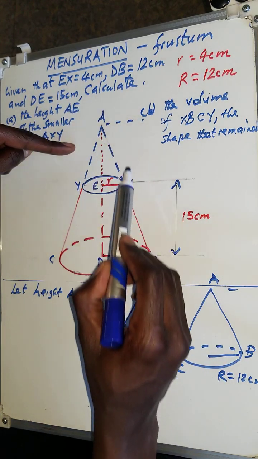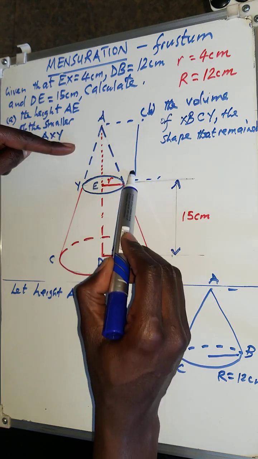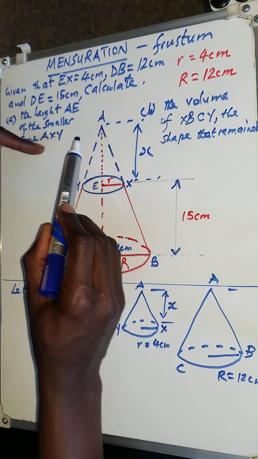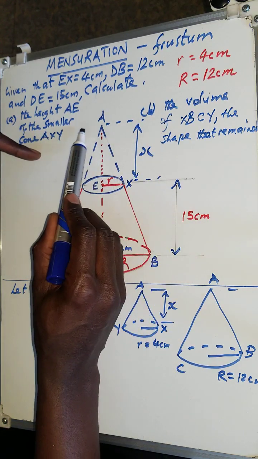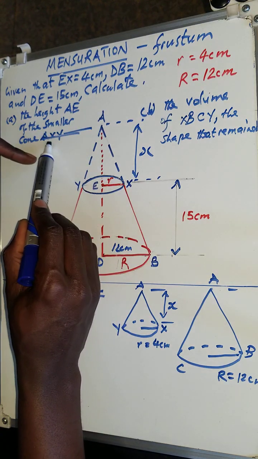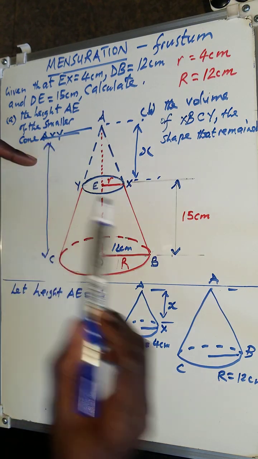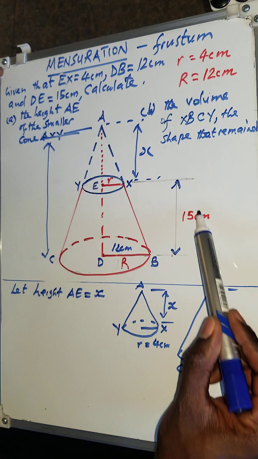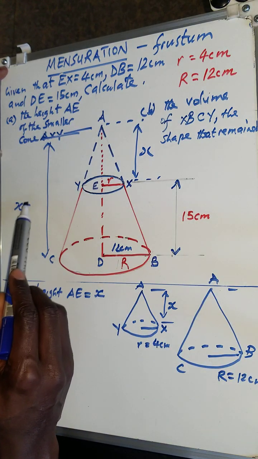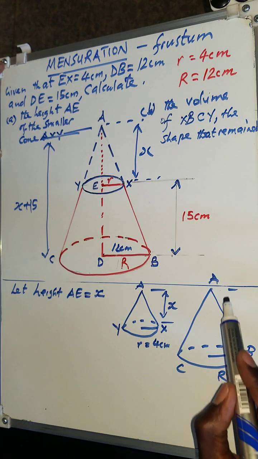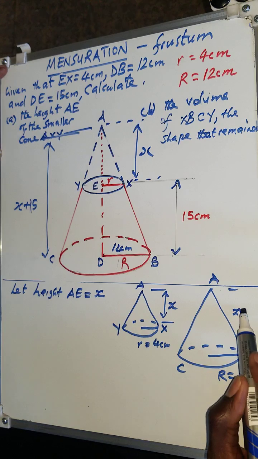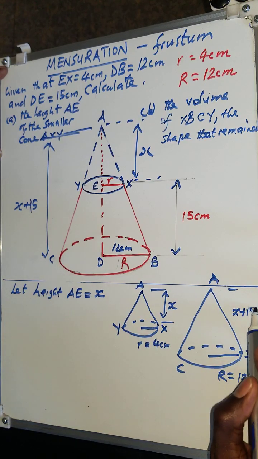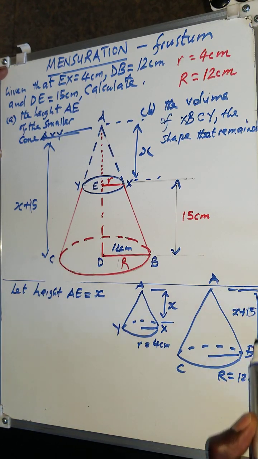If the height from here up to there is represented by X, then the entire height from here all the way to there is X plus 15. So the entire height is going to be X plus 15. That is what you need to remember there.